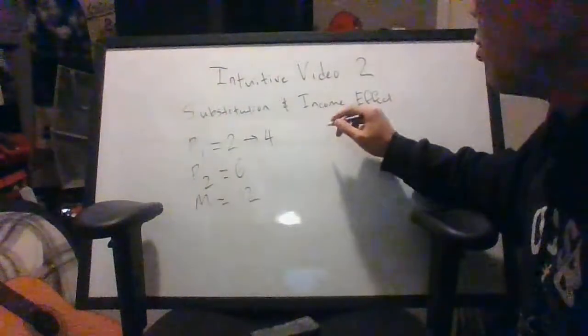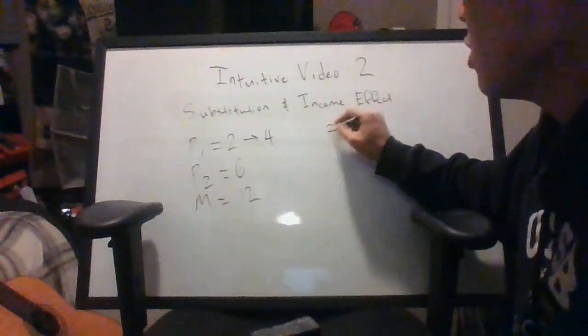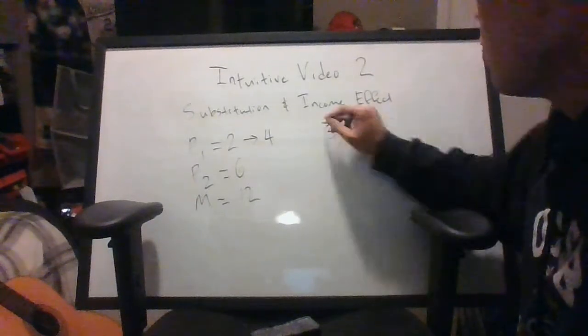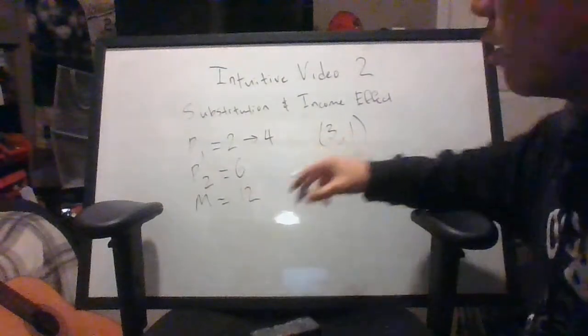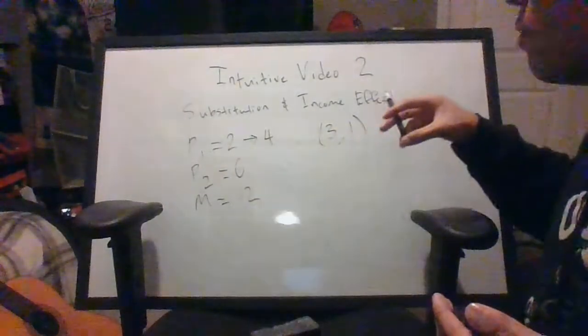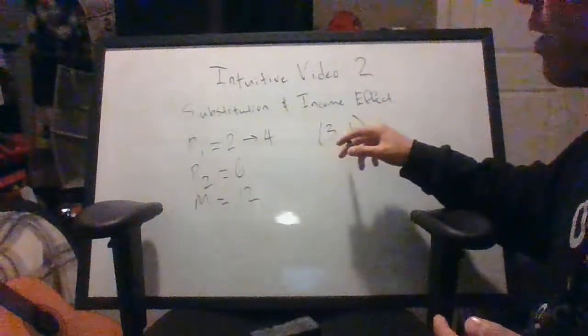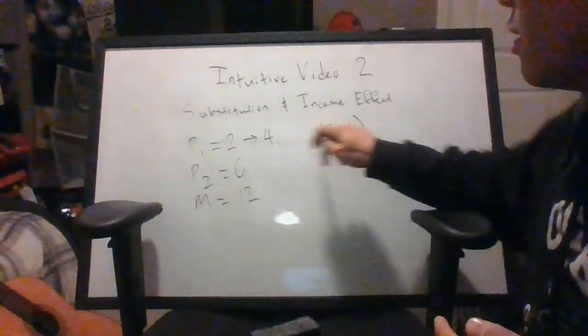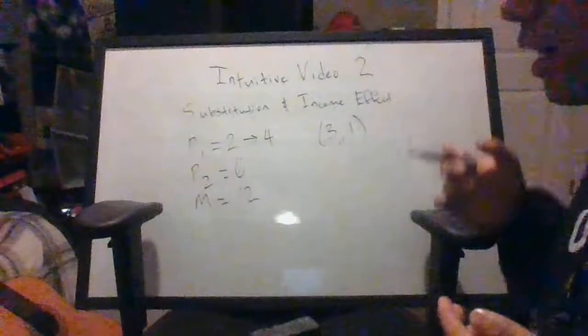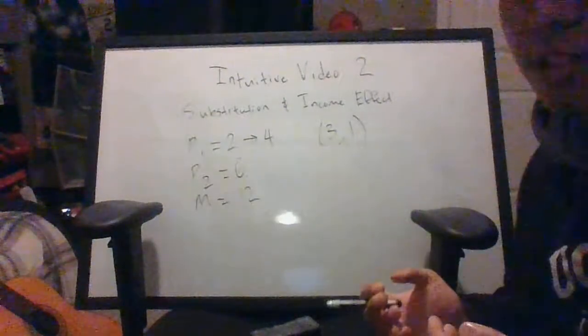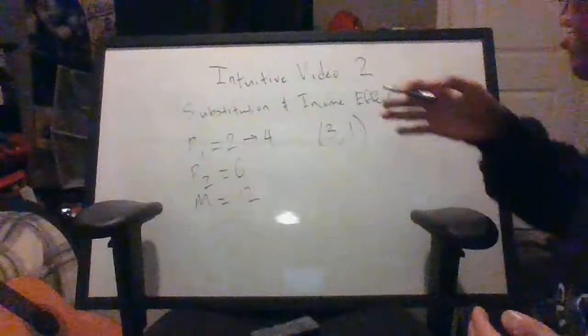So let's say, for example, that we had 3 units of good one and we had 1 unit of good two, right? 3 times 2 plus 6 times 1, that equals 12. But now when you try to buy the same bundle, this is 3 times 4 plus 6 times 1, it's no longer affordable. It now costs 18. So this is the income portion.